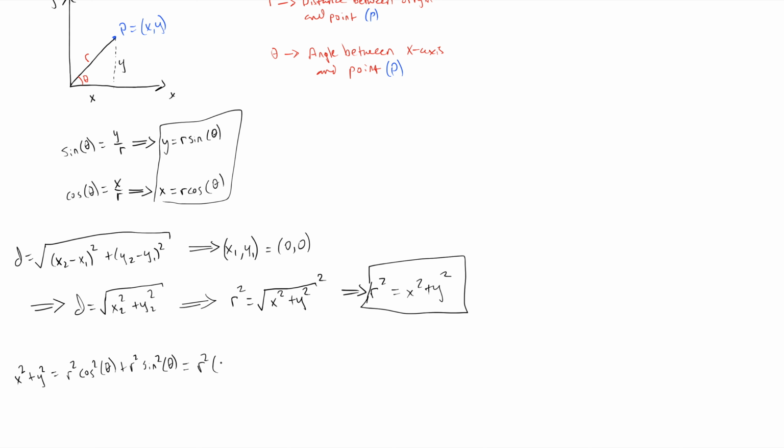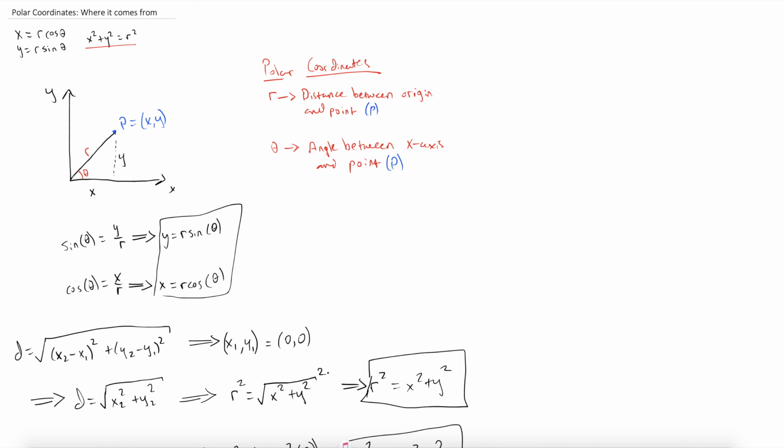And so we factor that out, sine squared of theta plus cosine squared of theta. And if you remember, there is a trig identity which says sine squared plus cosine squared equals 1. And so simplifying this, we get r squared equals what we started with, x squared plus y squared. And that is where this relationship comes from.